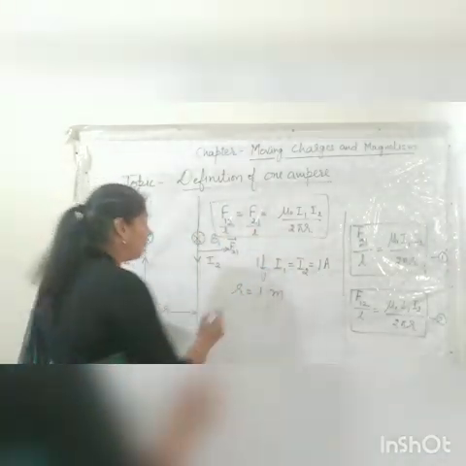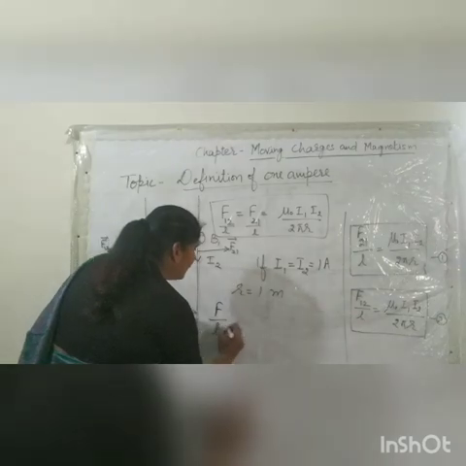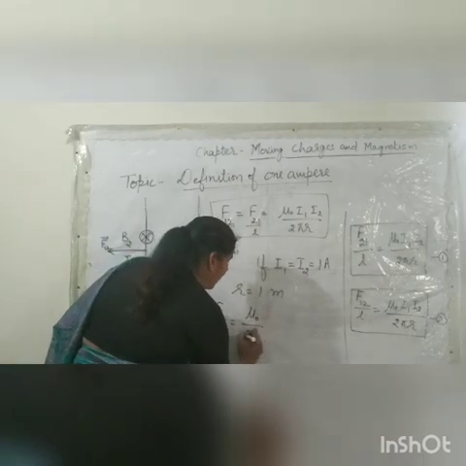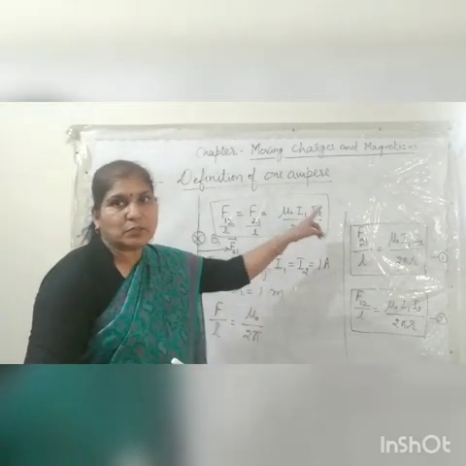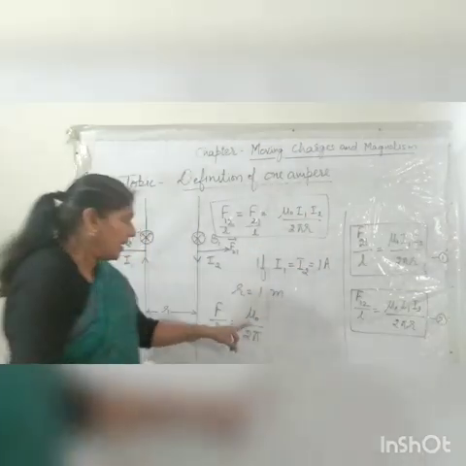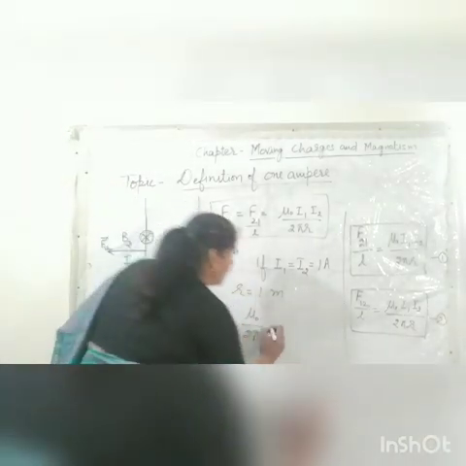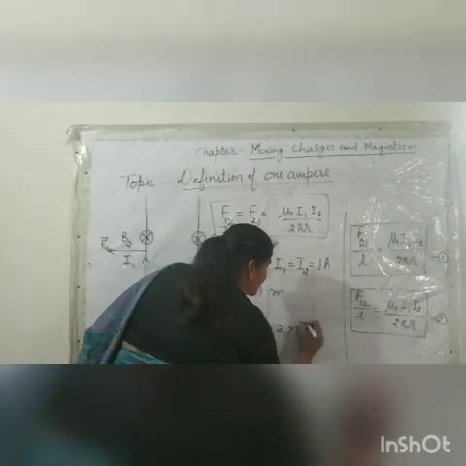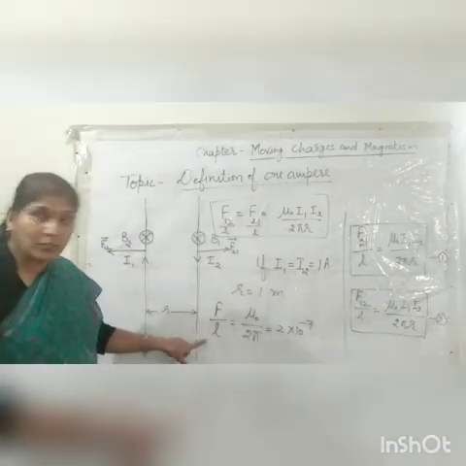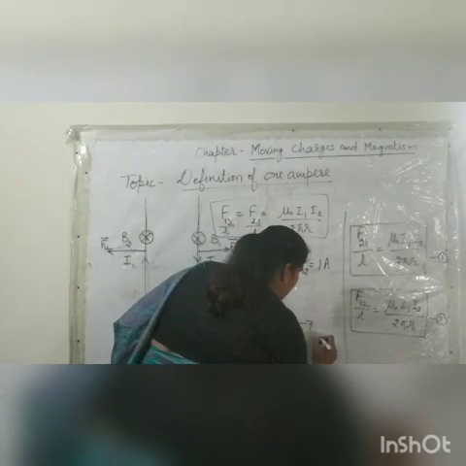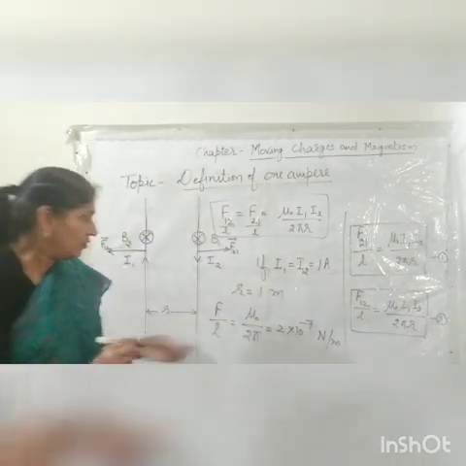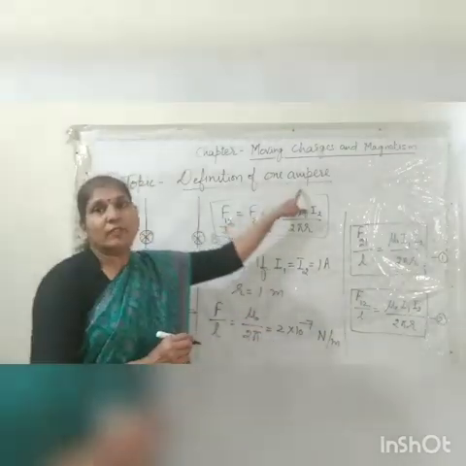Now the force per unit length of each conductor will be simply mu naught upon 2 pi, by substituting I1 and I2 as 1 and r also as 1 meter. The value of mu naught upon 2 pi is 2 into 10 raised to the power minus 7, and because it is force per unit length, its unit is Newton per meter. So from here we can define 1 ampere.